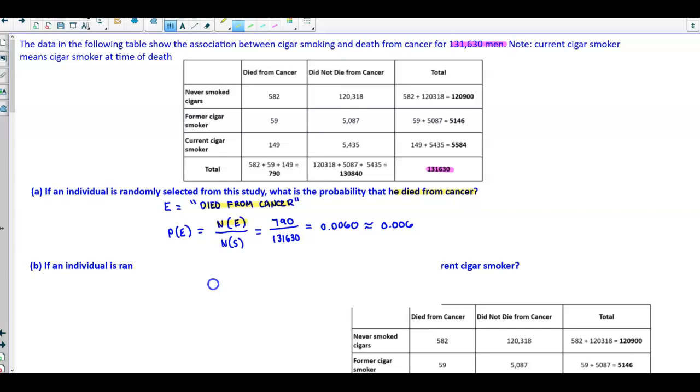Okay, so what is the total amount? Well, the total amount that died from cancer is the following. When we add these all up, the total is 790. And then we're dividing it by the number in the entire sample, which is 131,630. We divide those numbers, we get 0.0060. Rounding it to 3 decimal places gives us 0.006.